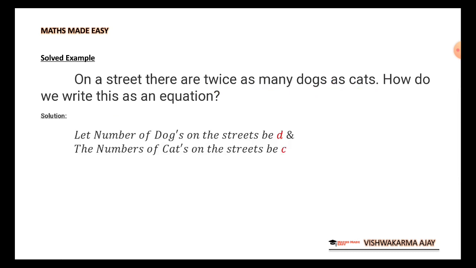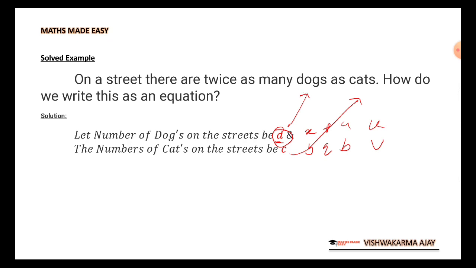So the first thing that we are going to do is let the number of dogs on the street be D. You can use any letter: X, Y, P, Q, A, B, U, V, anything you like. But for the sake of simplicity, and since this lecture is beginner oriented, I'm going to use simple letters, that is D for dog and C for cat.